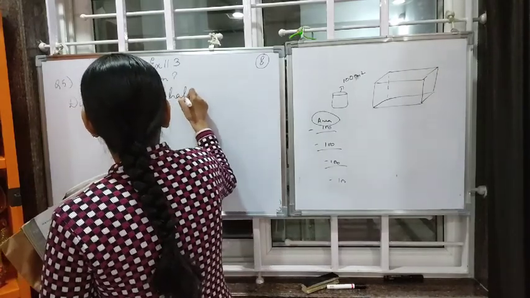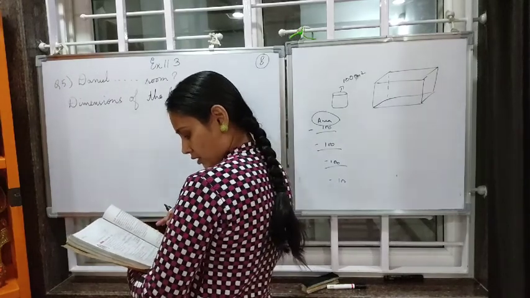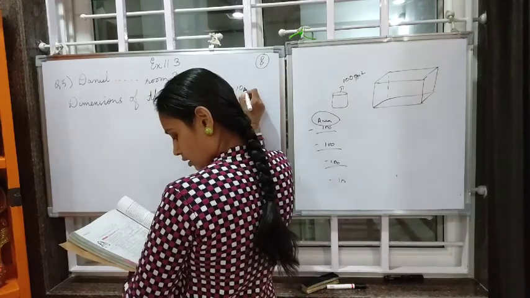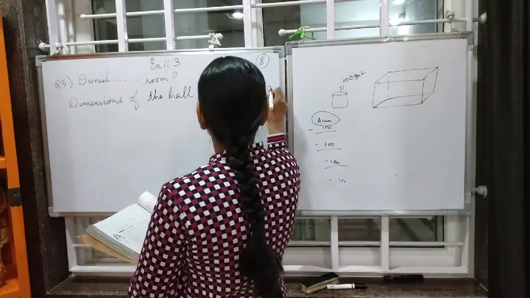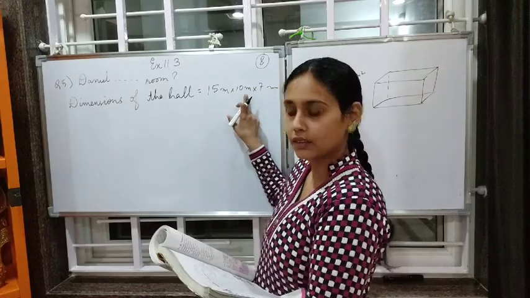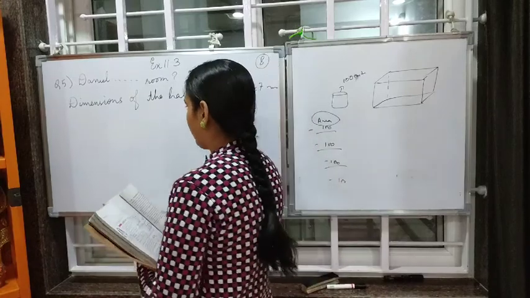That is 15 meter into 10 meter into 7 meter. That is length, breadth, height.